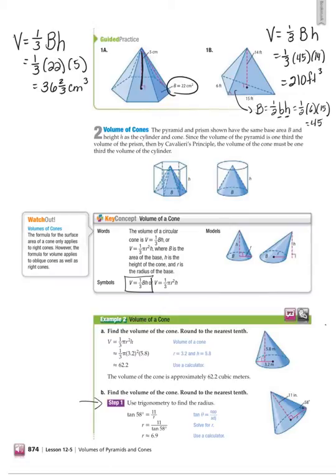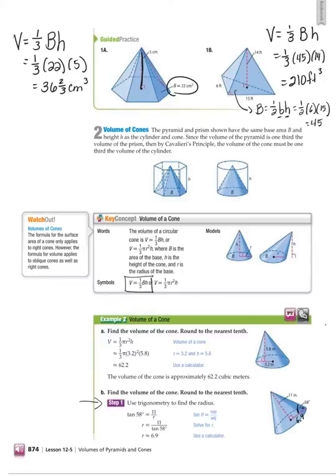If you look down here at 2b, again, we're going to be using some trigonometric rules to help us find what's going on here. Now, as I look, I've got a 58-degree angle. So I'm going to use the tangent function. Tangent is opposite over adjacent, and I'm going to find that my radius is about 6.9 using trigonometry.